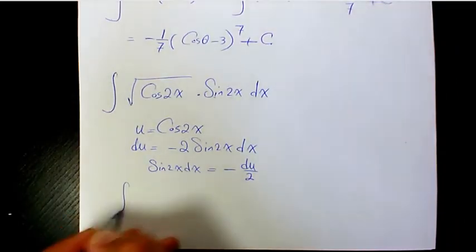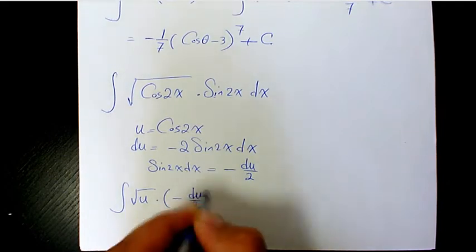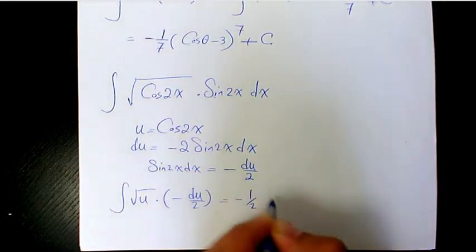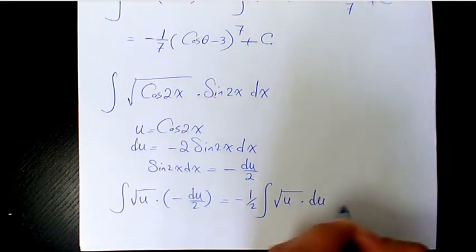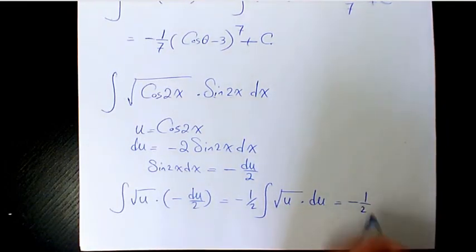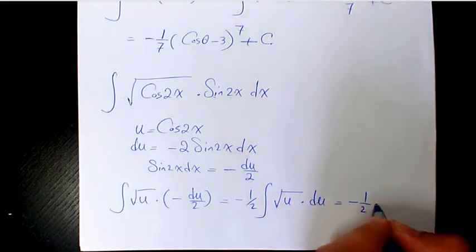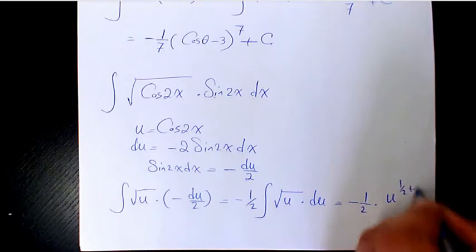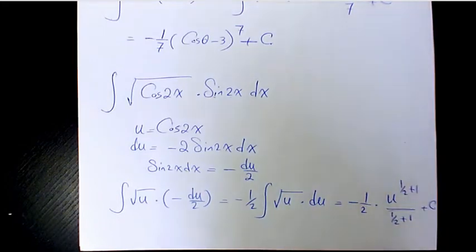So that's going to be square root of u times negative du over 2. So we have negative 1/2 integral of square root of u du, which, since square root of u is u to the power of 1/2, is going to be u to the power of 1/2 plus 1 divided by 1/2 plus 1, plus c.